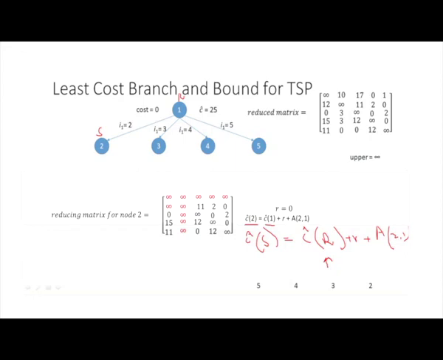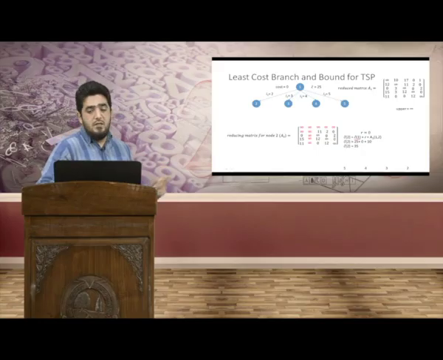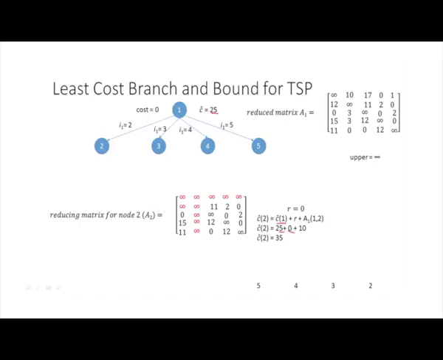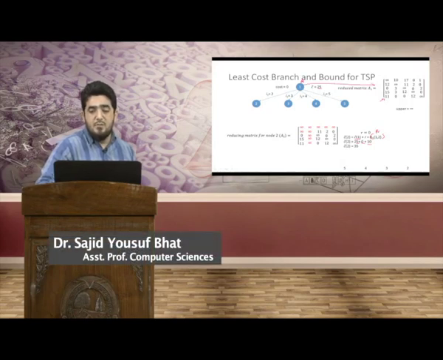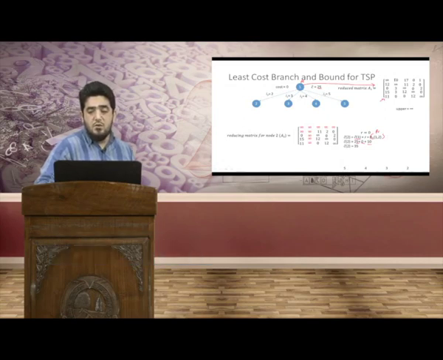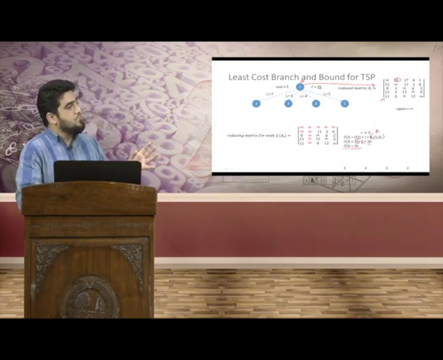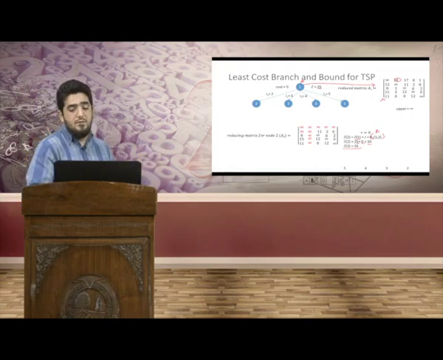C cap of 1 is equal to 25, which we have already computed. R is equal to 0, and A of 1 comma 2 is equal to 10. Now this A of 1 comma 2, as I earlier said, has to be considered from the matrix associated with R. In our case, R is node number 1, and this is the matrix associated with R. So A of 1 comma 2 is equal to 10. This value will be added here, so the total value that we compute for C cap of 2 is equal to 35.